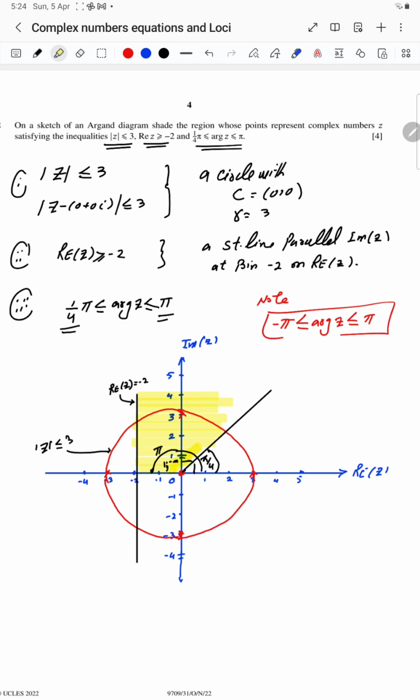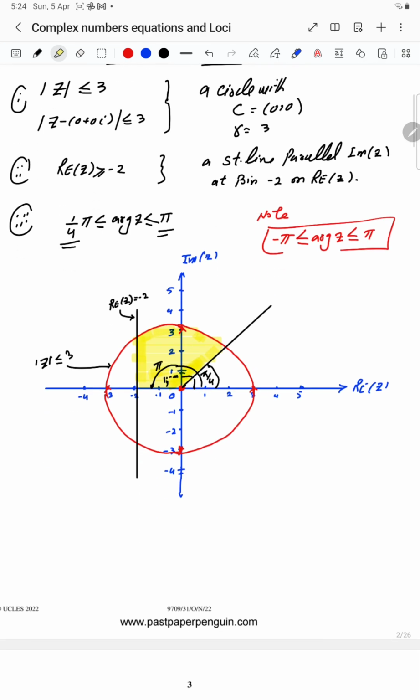And the argument of z is bigger than pi by 4 but less than pi. This shading part will justify the inequality. So this will be the true region which we need to shade. I hope it is clear, right?